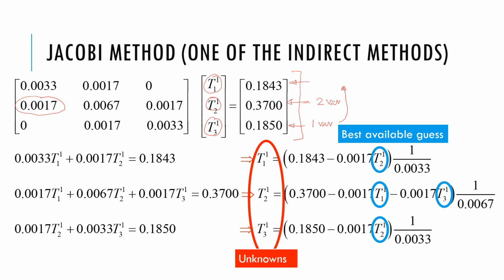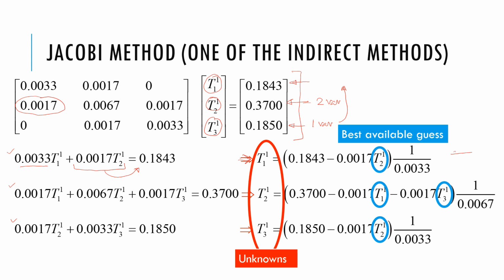So we take these same equations, the three equations that are shown above in the matrix form, and I'm going to write them this way. From the first equation, I write T1. So I take this to the other side and then divide by 0.0033.